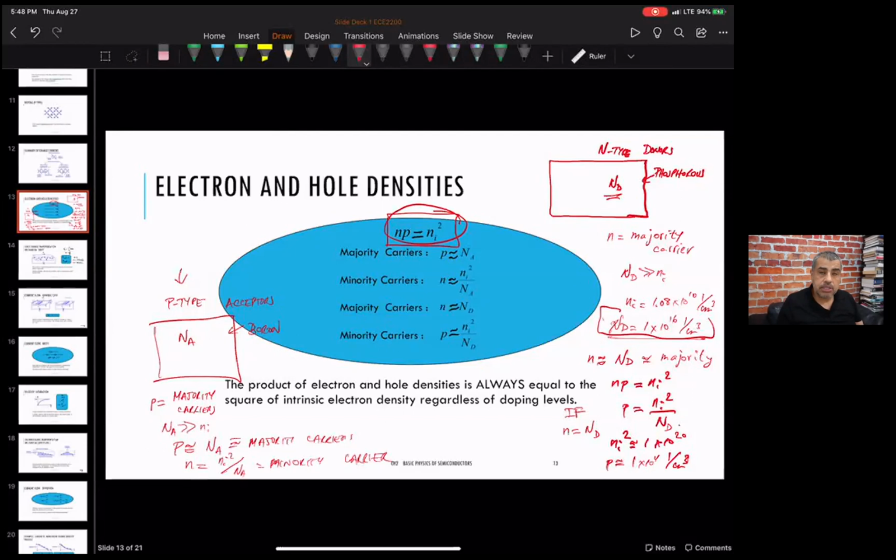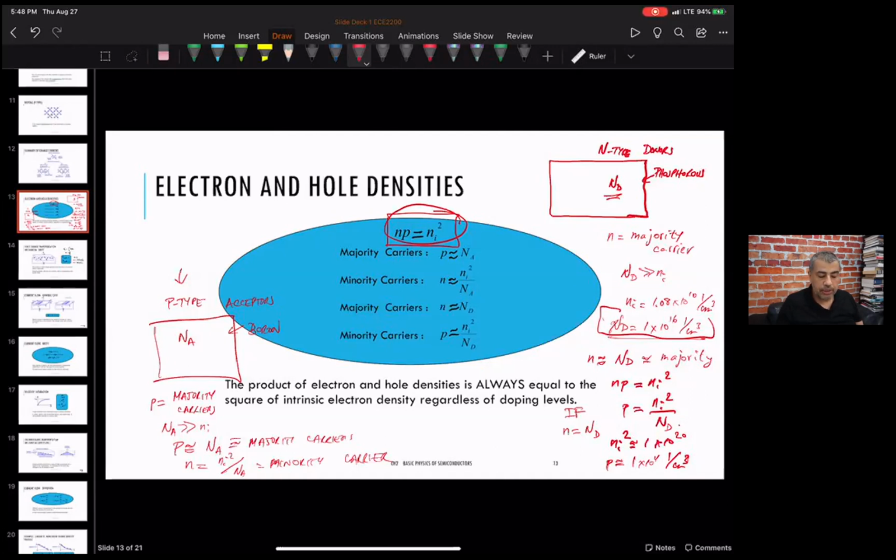So this is an important thing to remember, everything I just said. In a P-type material, the majority carriers are holes, equal to the acceptor concentration we've doped the material with.